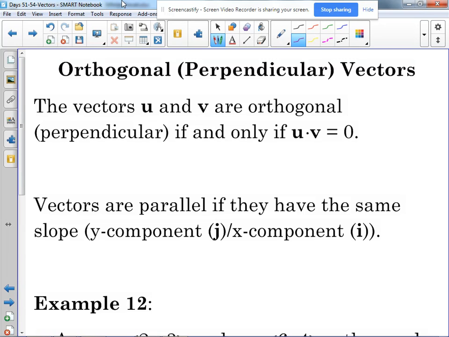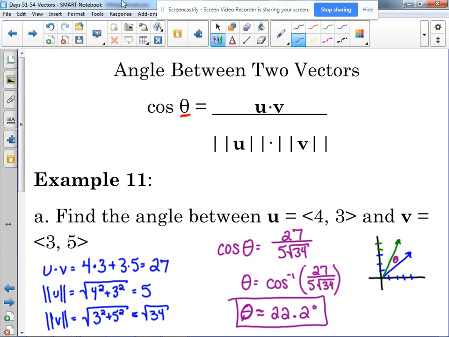Okay, so we just talked about finding the angle between two vectors. We said that the cosine of that angle is equal to that fraction right there. Well, we're saying that they're perpendicular, so there's a right angle. So theta is 90. What's the cosine of 90 equal to? 0.